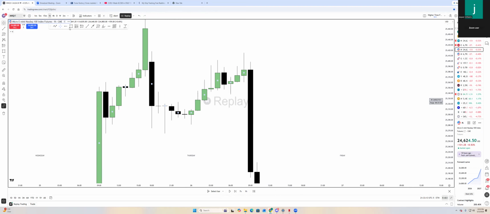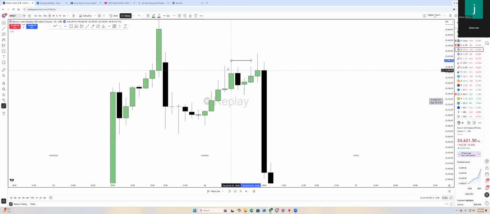Okay, you see how we have this swing point here? Price was going bullish, bullish, bullish, and then we tried to keep going higher, but then we went up and closed back inside the range.